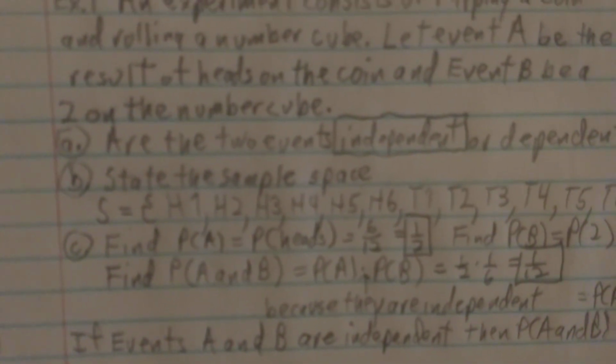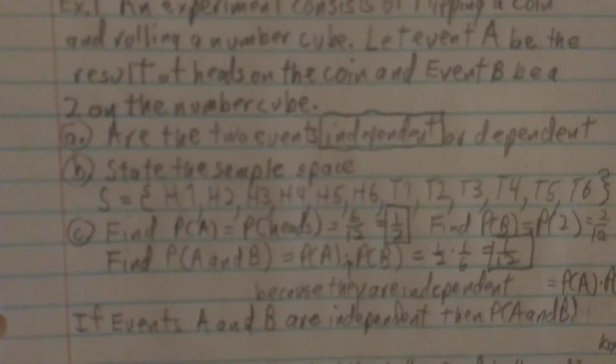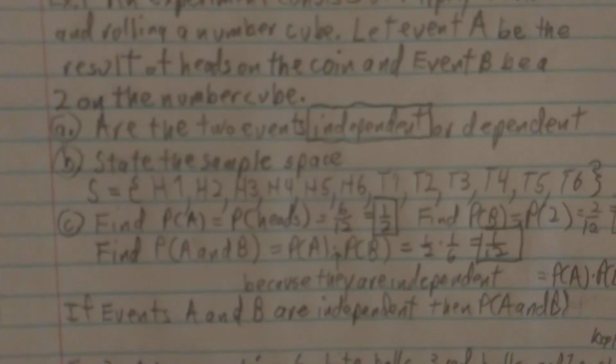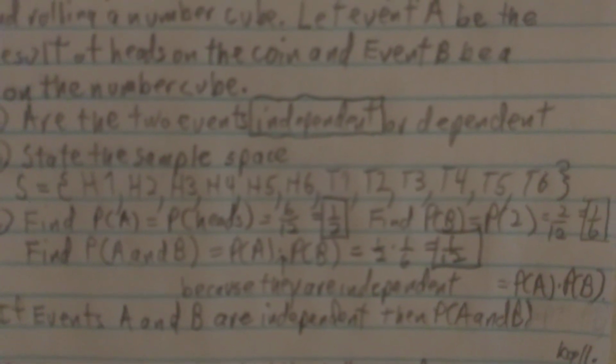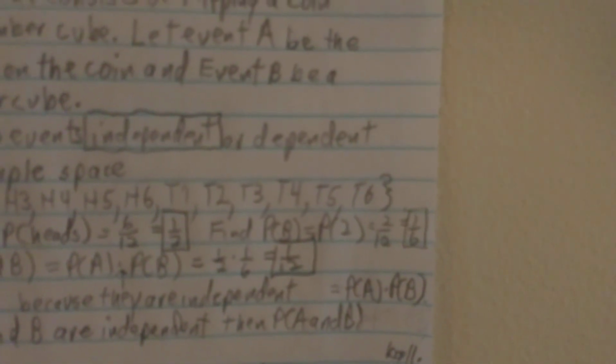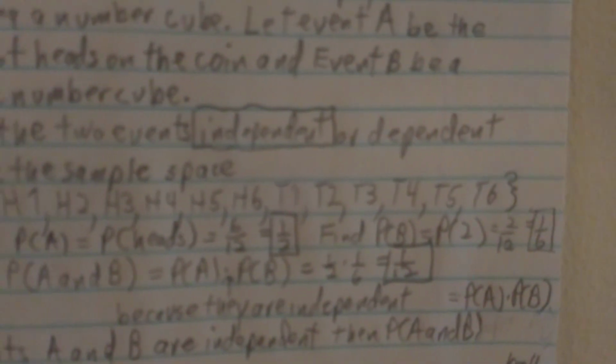So 2 times 6 is 12, and this is just us listing out the 12: 6 with the heads and 6 with the tails. We can list it as H1, H2, H3, H4, H5, H6, where H is heads, followed by T1, T2, T3, T4, T5, T6, where tails is first and then the number.